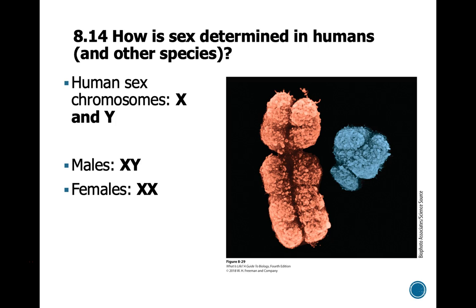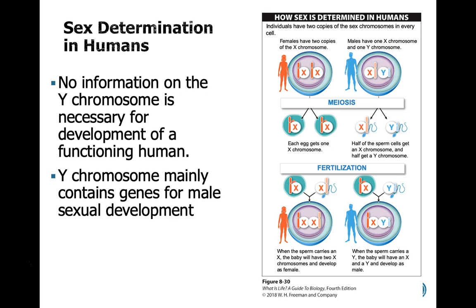So encoded on that Y are specific characteristics that are for the development of the male sexual organs. So the X chromosome doesn't have this. The X chromosome has just sort of regular genes, just like all of our other autosomes.